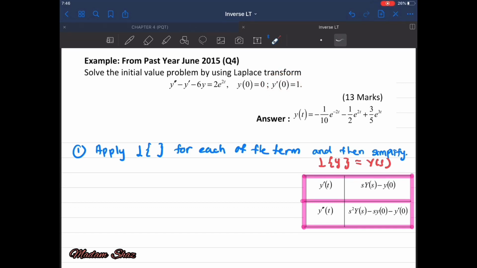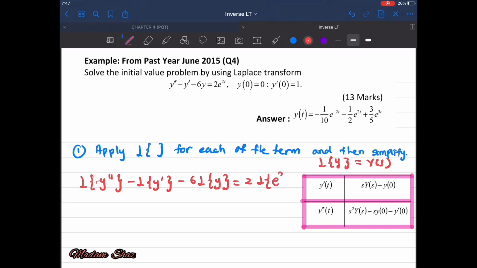So for the first step, apply Laplace transform for each of the terms and then simplify. So Laplace of y double prime minus Laplace of y prime minus 6 Laplace of y is equal to 2 Laplace of exponent t. So I already bring the constant to the outside.